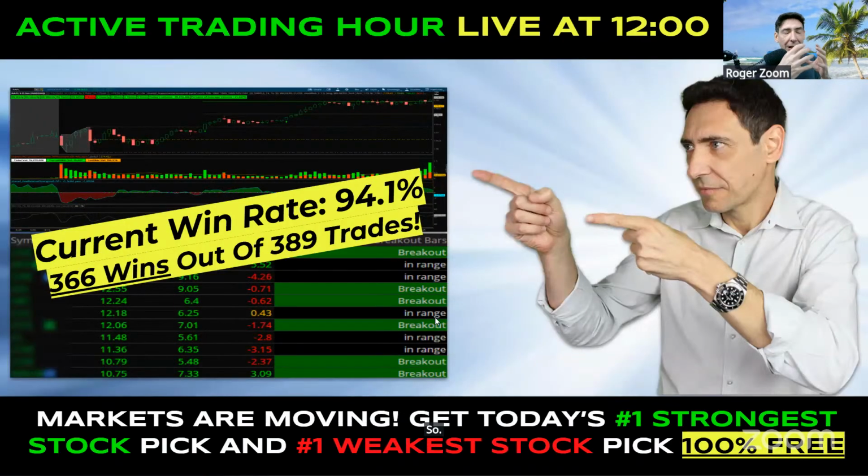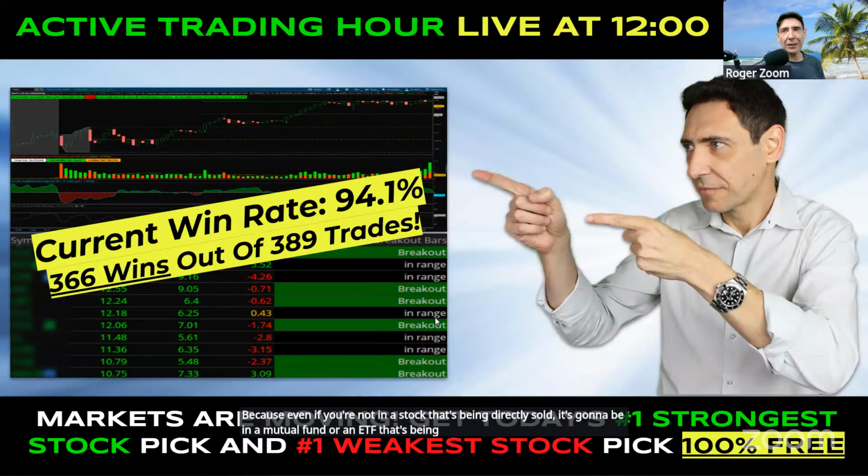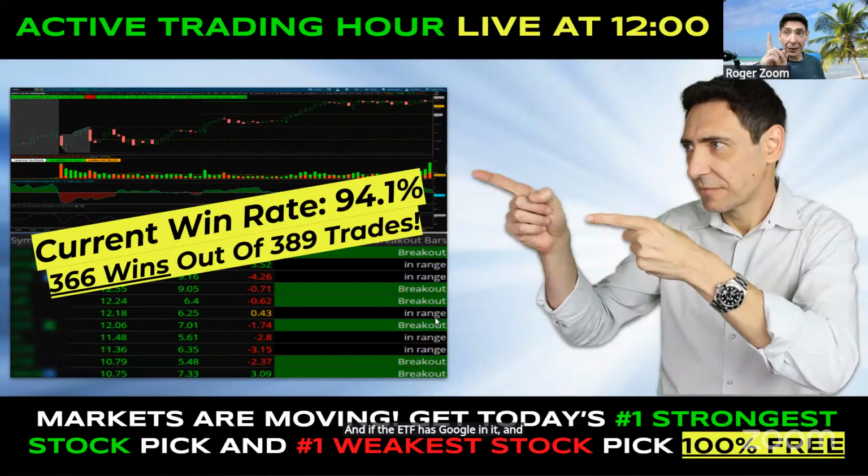So it's really important to keep in mind why we gauge everything to the S&P 500. Because even if you're not in a stock that's being directly sold, it's going to be in a mutual fund or an ETF that's being indirectly sold. And if the ETF has Google in it and you're in it and Google sells, your stock will sell off too.